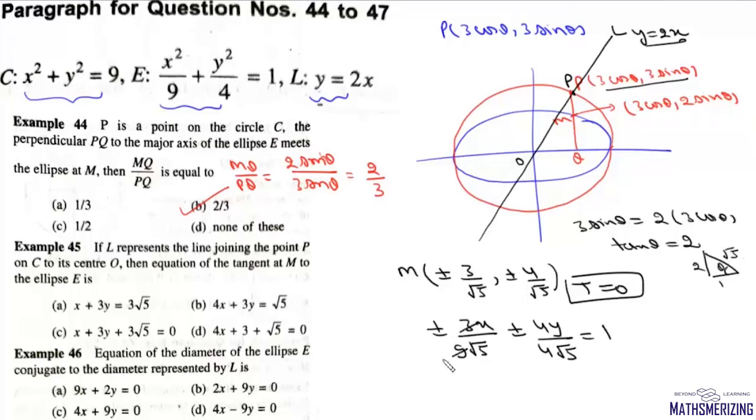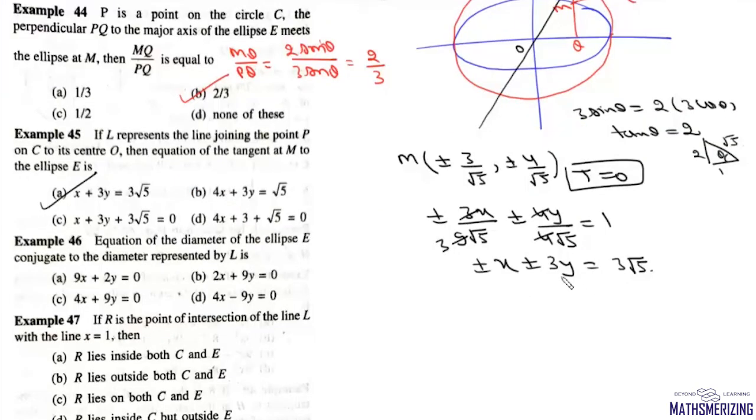Now this 3 and 9 will cancel and this 4 will also cancel. So we can write this equation as plus minus x plus minus 3y is equal to 3 root 5 and that's your option number A. And if we take the minus sign, we'll get option number C. So we have options A and C.